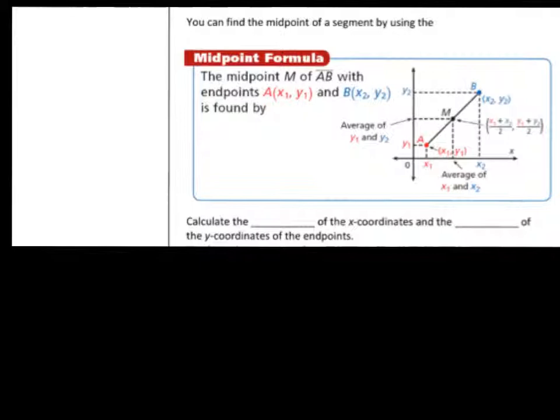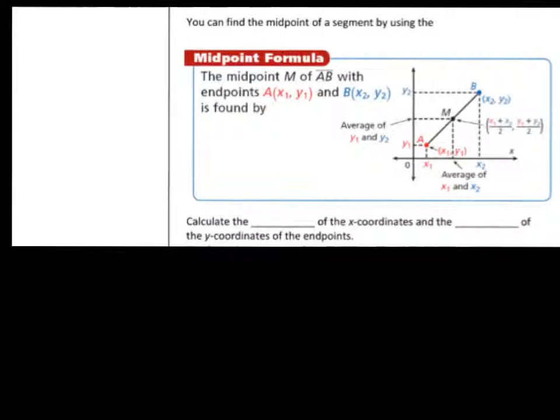The first thing we're going to be doing is finding the midpoint of a segment. Remember in our notes that we took in Chapter 1, Section 2, we defined midpoint as a point that bisects or divides the segment into 2 congruent segments. Today I'm going to be teaching you a formula that you can use.